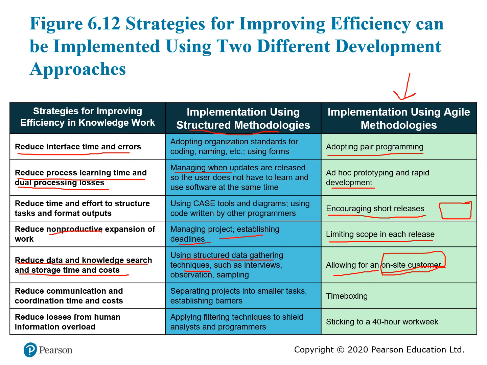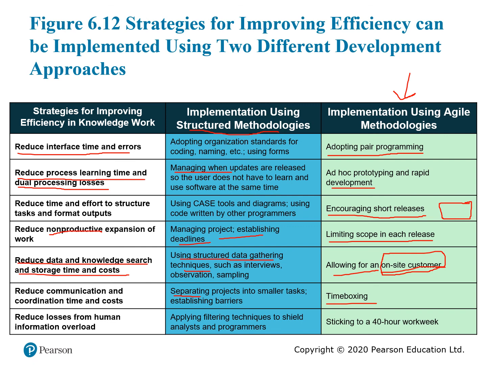Then reduce communication and coordinating time and cost. Under the structured methodologies, splitting the project into smaller tasks and establishing the barriers. Here we have time boxing, which is giving a timing structure for each task. And then the last one, reduce losses from human information overload.